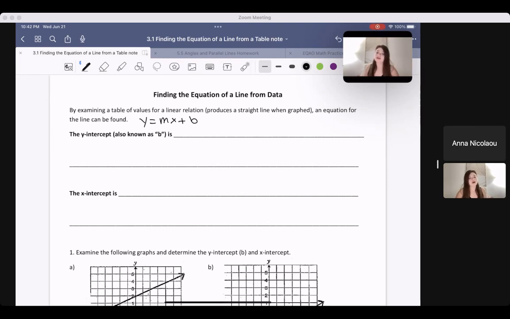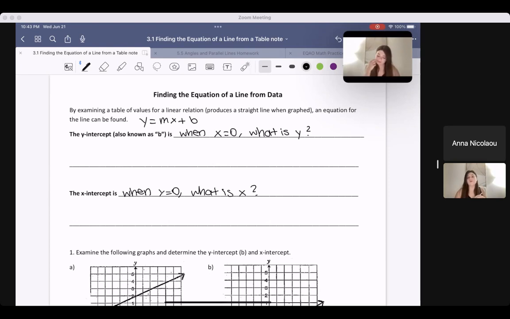So what is the y-intercept? The y-intercept is: when x equals 0, what is y equal to? That's our y-intercept. And the x-intercept is the opposite. The x-intercept is: when y equals 0, what is x?